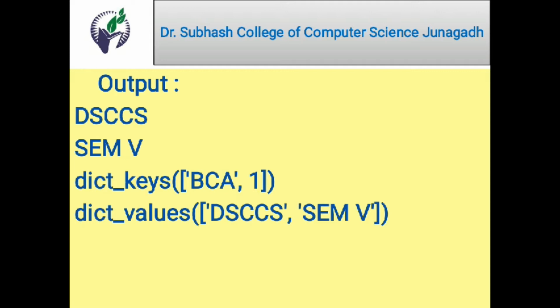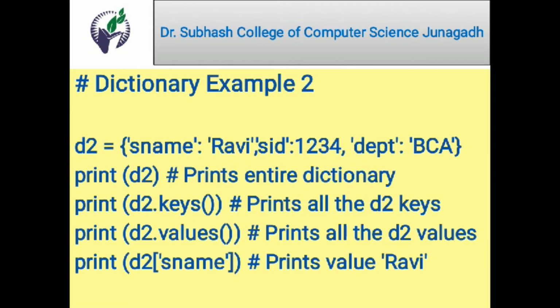It is also possible to create a dictionary by initializing the key-value pairs directly, writing them in curly brackets separated by colon. For example, another example, here a D2 dictionary object is created. We are giving key-value pairs in curly brackets.